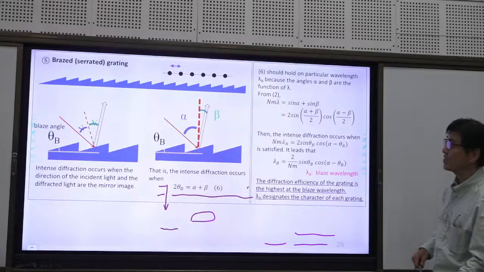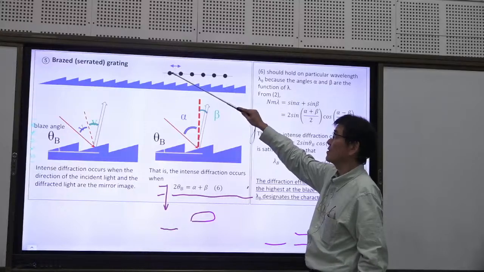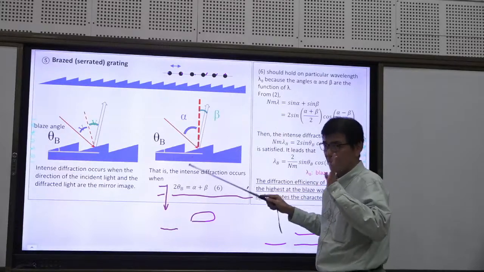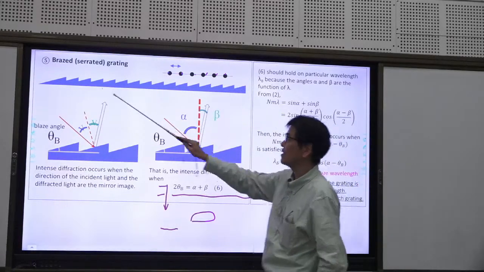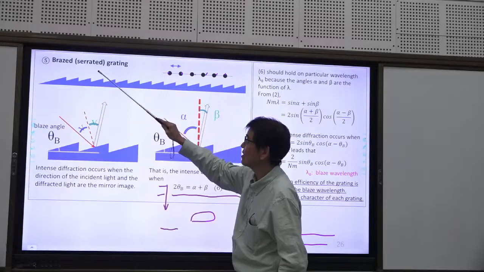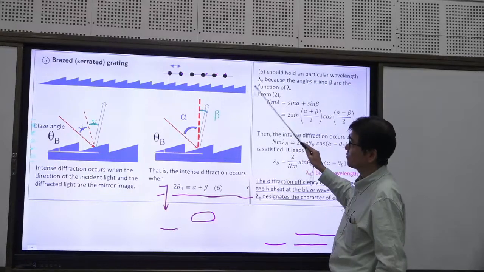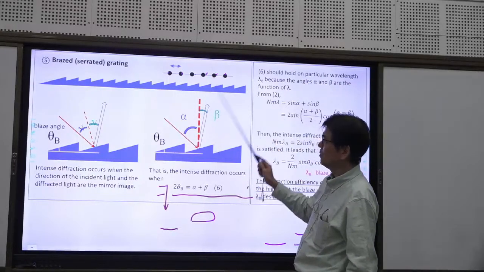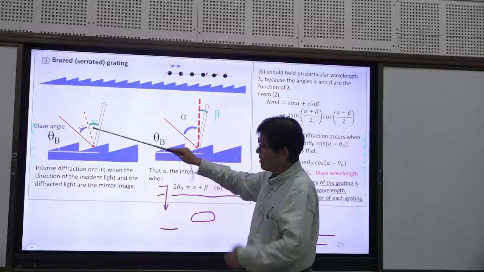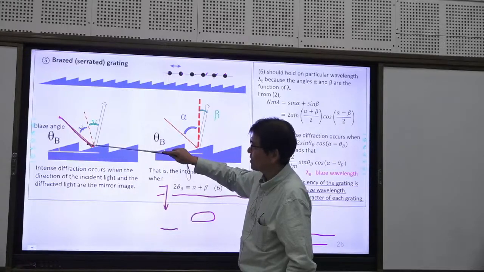This is the explanation of the blaze angle. I explained that on the surface of the grating there are tiny patterns, but actually, in your setup, the grating surface is such a serrated pattern, like a saw. Then you can imagine incident light comes in.